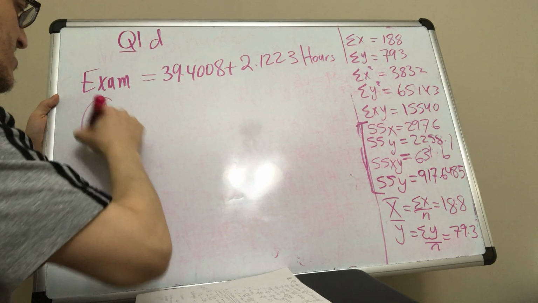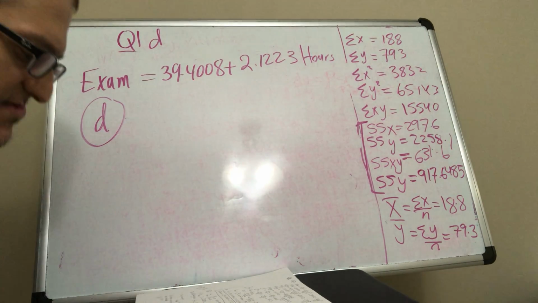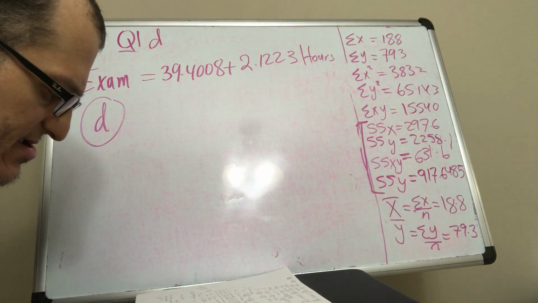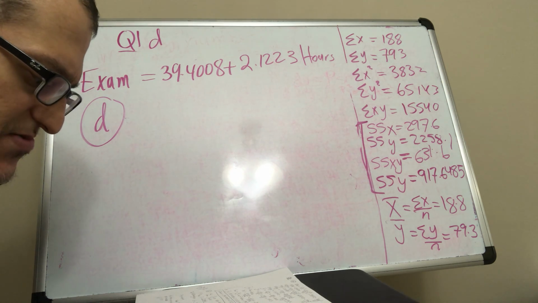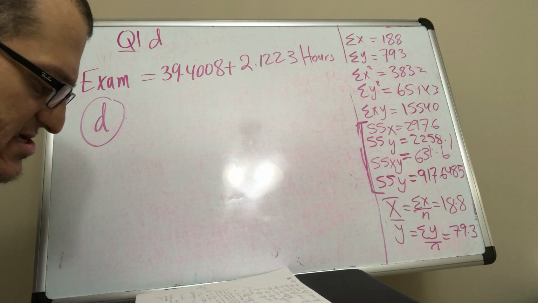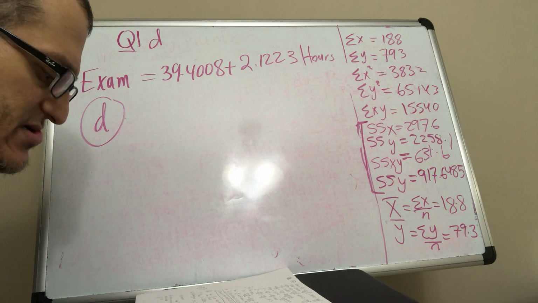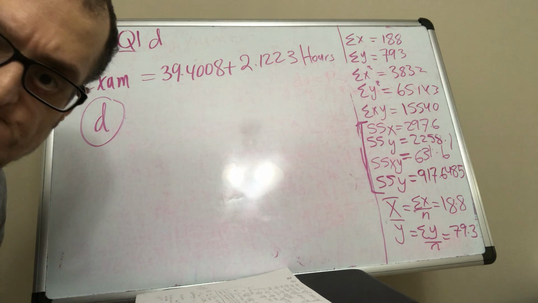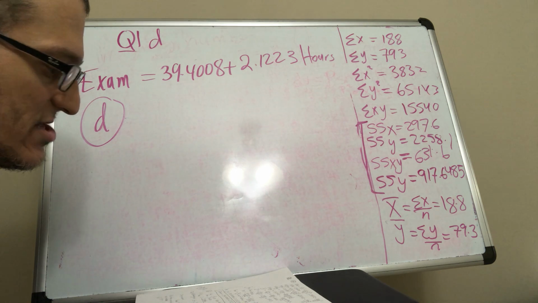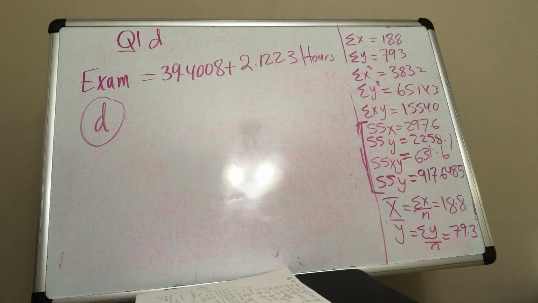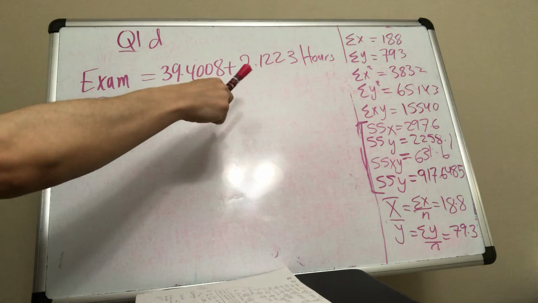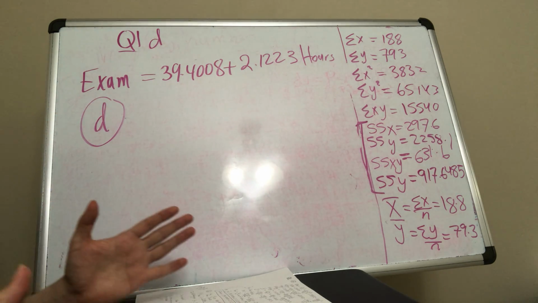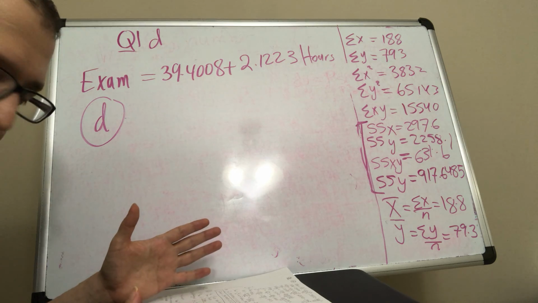Indeed, they ask you about this guy, Fred, who studied 25 hours. Can you figure out his exam score? Well, before you plug 25 into hours, you go back to the list of numbers given.